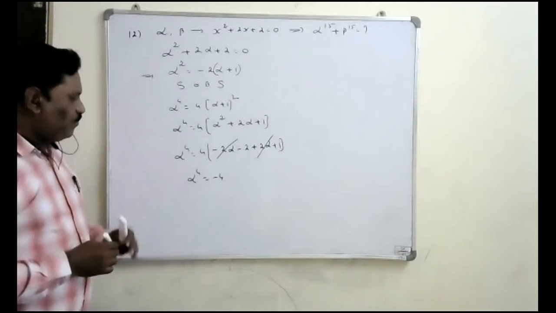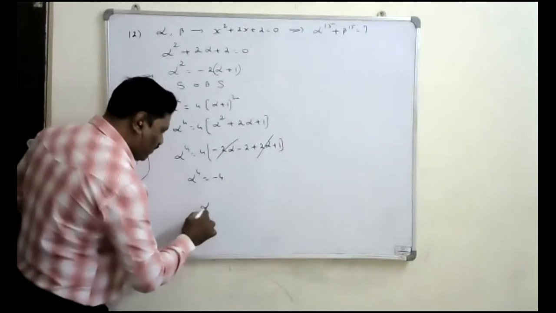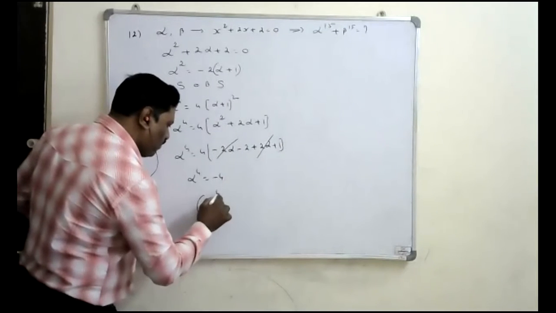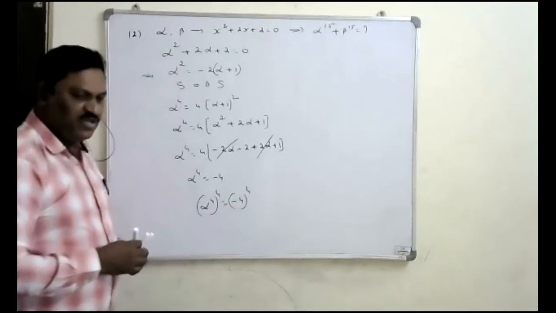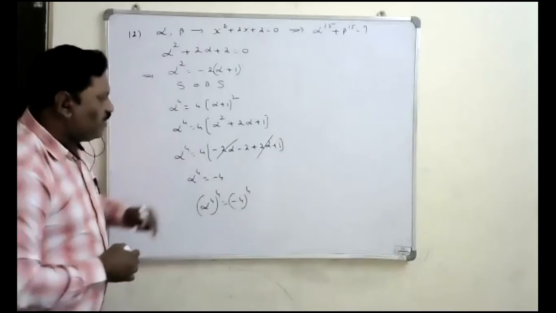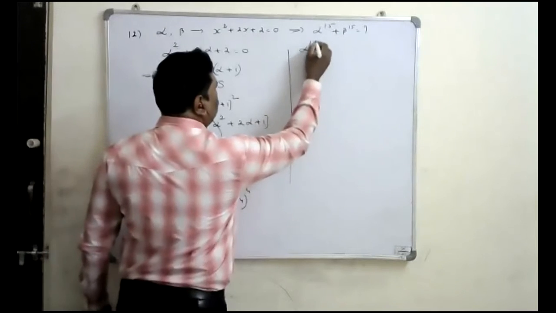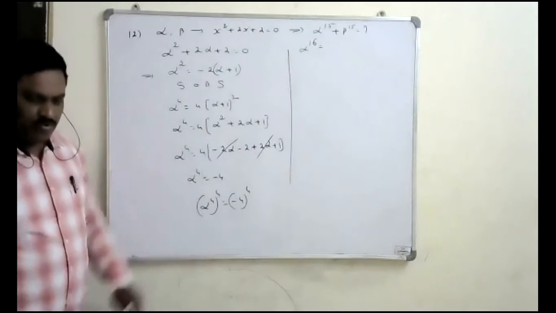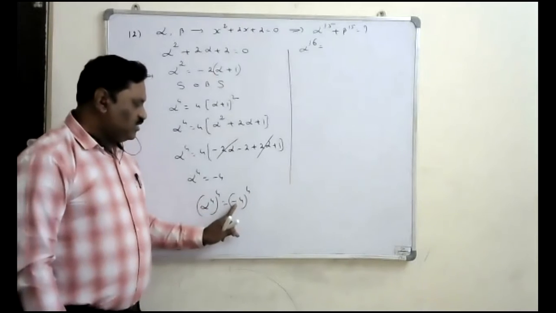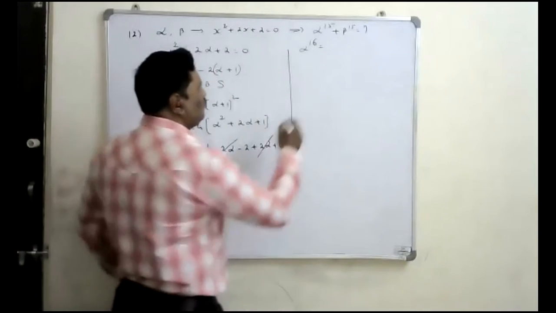Now I will apply power 4 on both sides. Alpha power 4 whole power 4 is alpha power 16, equal to minus 4 whole power 4. Since the power is even, minus to an even power gives a plus. 4 power 4 is 256.